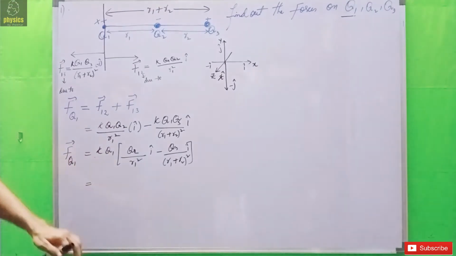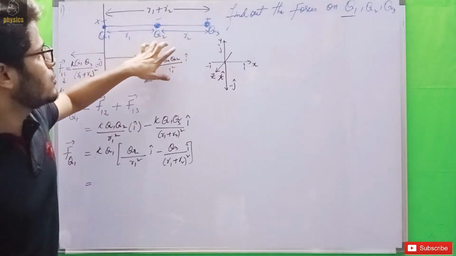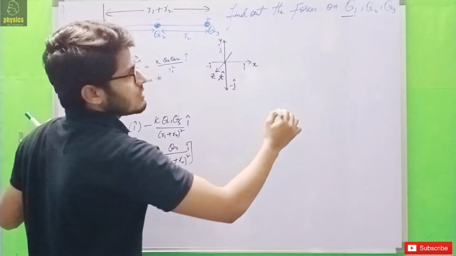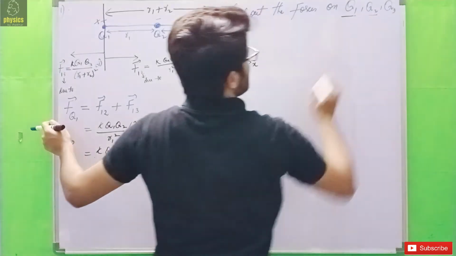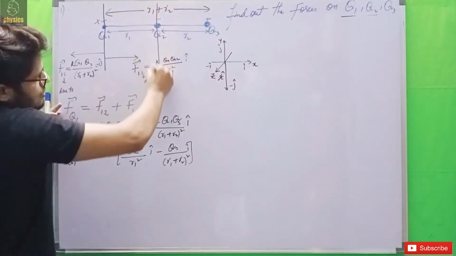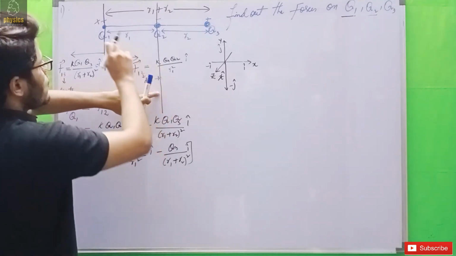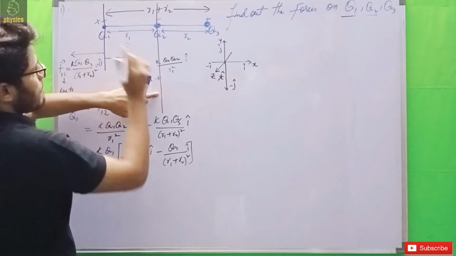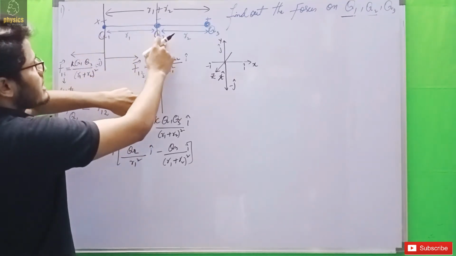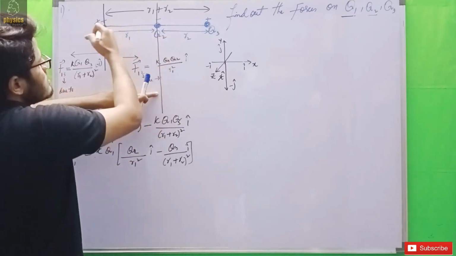So similarly, we can find the force on Q2 and Q3. Now we will find the force on Q2. First we'll find the force due to Q1. Q1 is positive and Q2 is negative, so there will be attraction. So Q2 will move towards Q1.